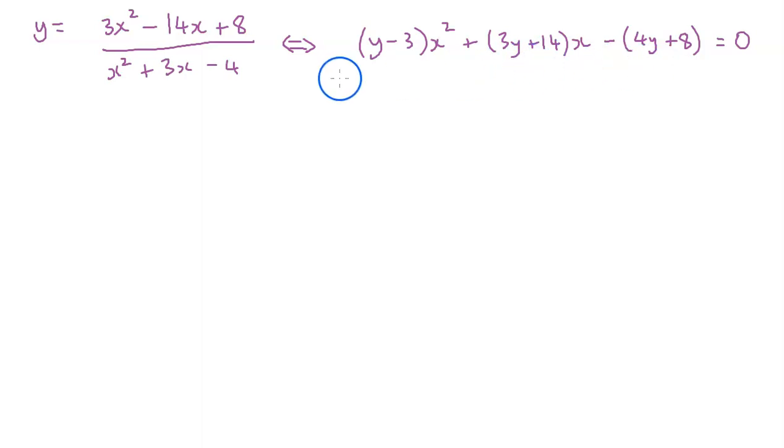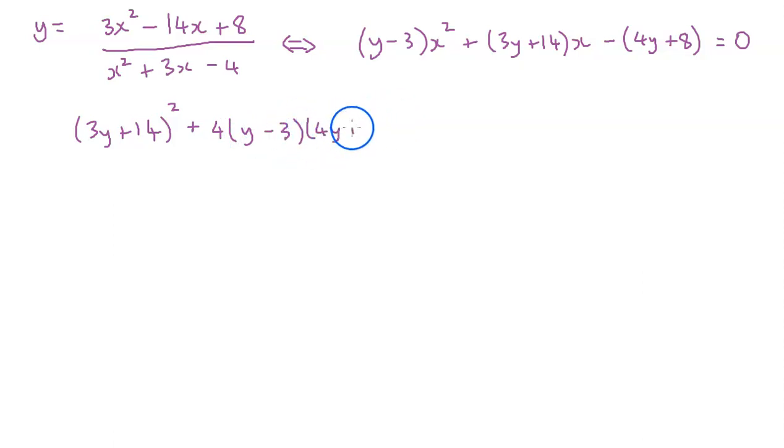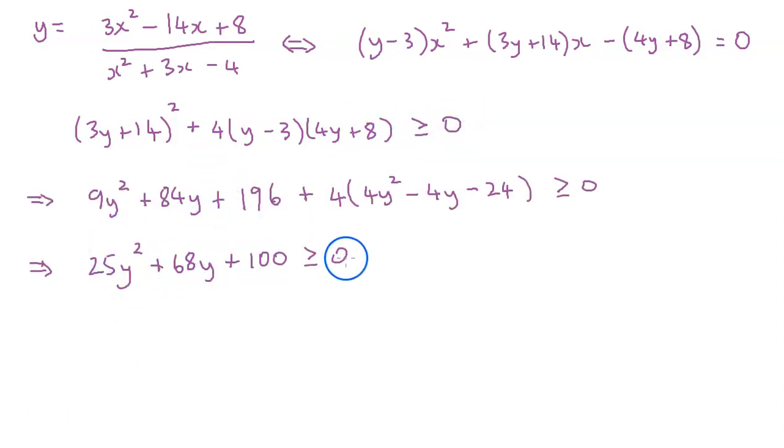And then we just check where the discriminant is greater than or equal to 0. So 3y plus 14 squared minus 4, well, it's going to be plus because there's a negative over here. So plus 4 times y minus 3 times 4y plus 8. And we need that to be greater than or equal to 0. Okay, and there's the kind of boring expansion that you didn't have to sit through.